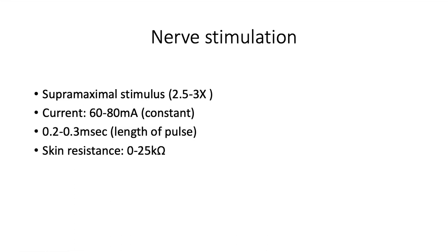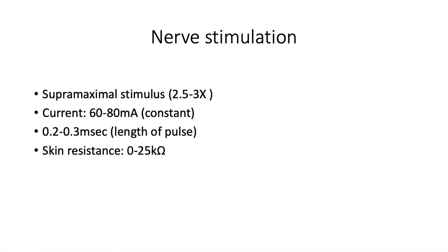So you need a high amount of electrical current in order to mobilize acetylcholine, so that you can be able to see the level of neuromuscular blockade that this patient has.